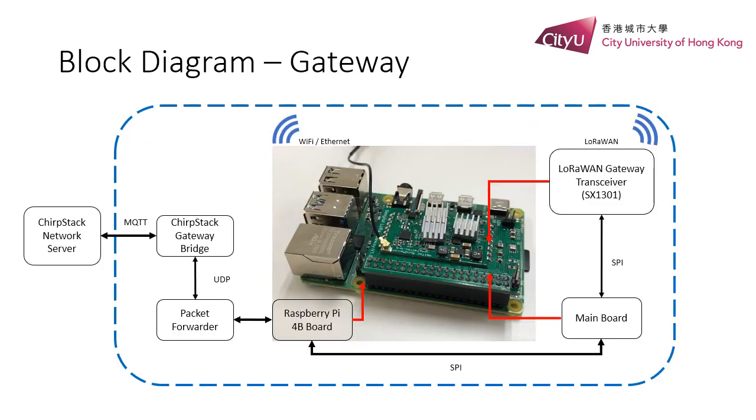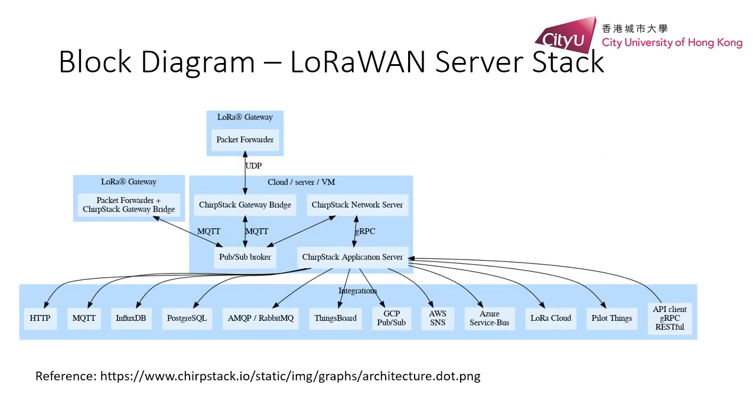This is our LoRaWAN gateway. We use the Semtech SX1301 transceiver and controlled by a Raspberry Pi. Further, it will transmit the data to server. For server, we use ChirpStack, LoRaWAN Server Stack, which is a popular open source LoRaWAN server stack.